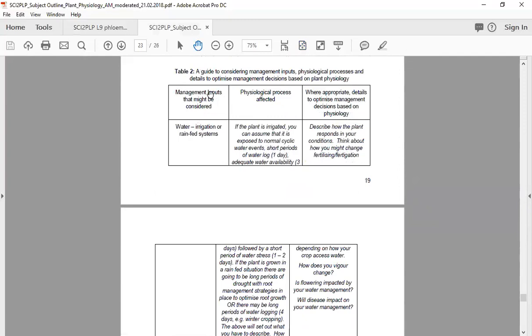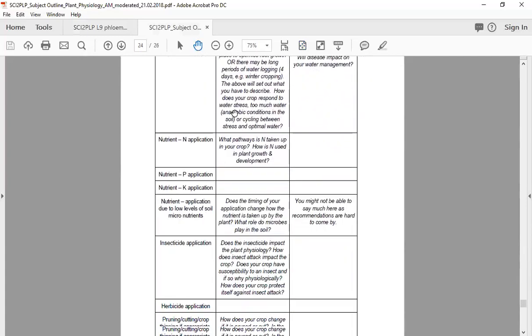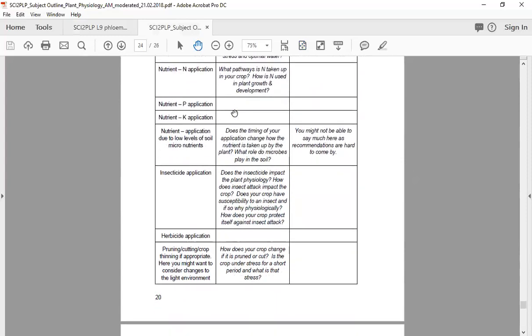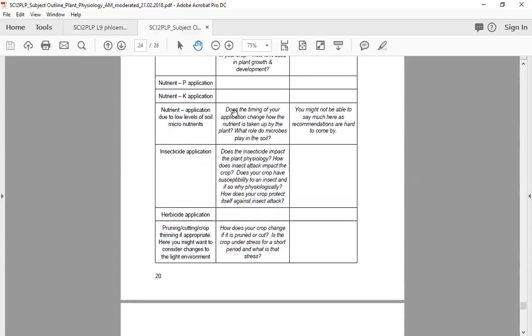So this will give you some management inputs that you might consider, for example, irrigation or rain-fed system, and then the physiological process that you should be discussing, and then of course any management decisions based on the process or the input. So you've got quite a few examples here regarding what you could be talking about, because you can't always come up with a management strategy for every plant physiological process.